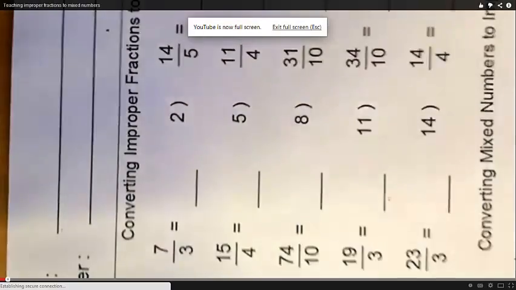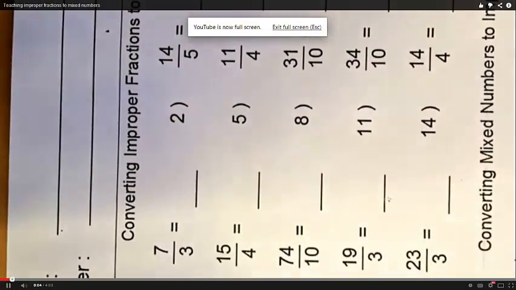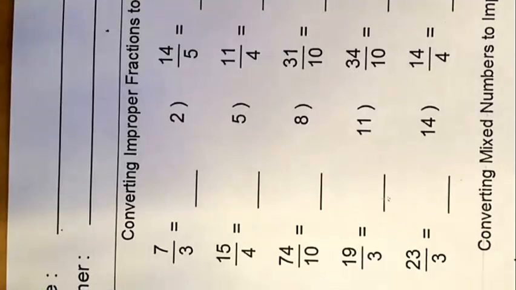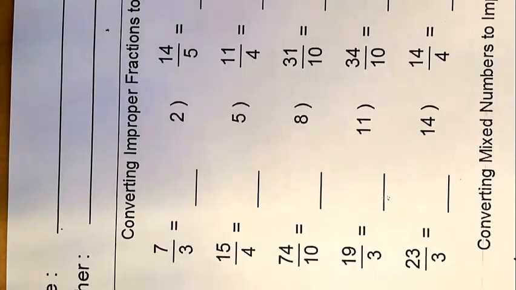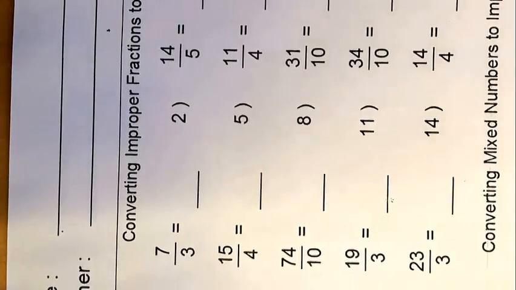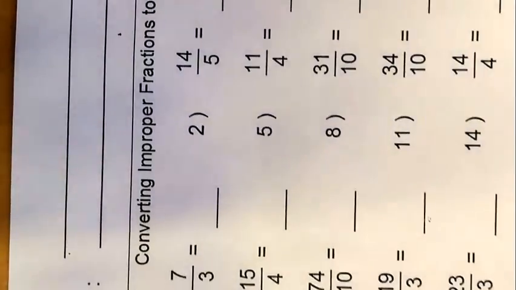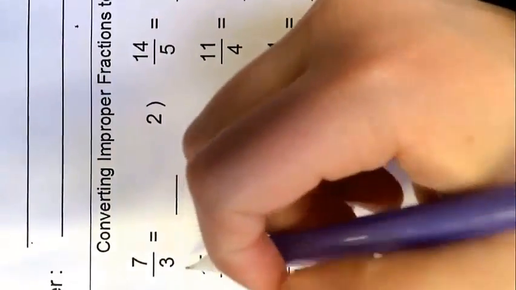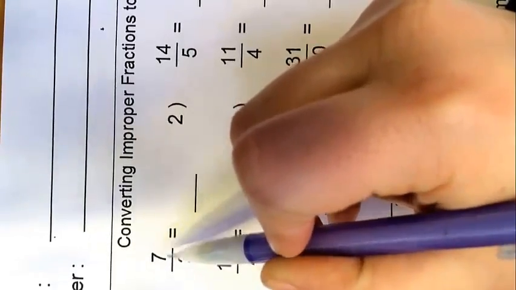Hello, I am here today to teach you how to turn improper fractions or top-heavy fractions into mixed numbers. I'm going to do the first 3, and then I would like you to do the next 3. First, we will start with 7 over 3. Since the top is too heavy, what happens?